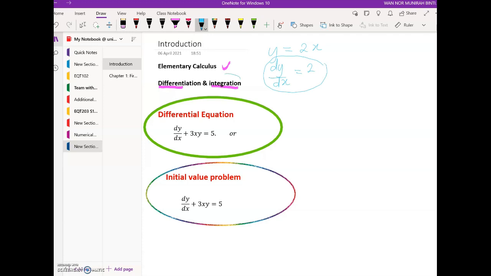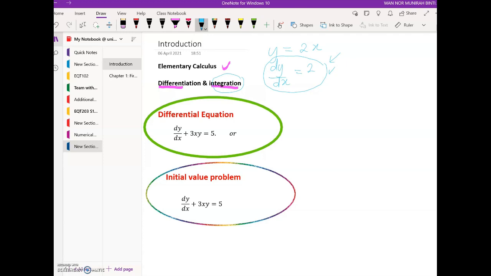Okay, so what about integration? Integration is the antiderivative, meaning that you have a derivative, you have a differentiation, and then you need to find the solution. The solution means a function or an equation that satisfies your differentiation just now. So you need to integrate both sides of the equation.